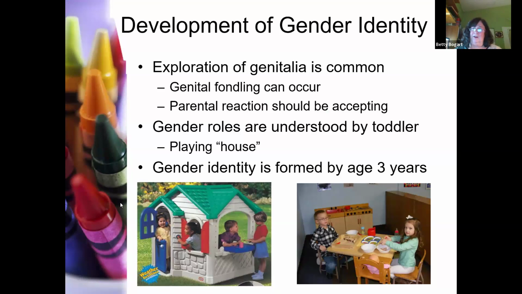Now, toddlers are starting to learn they have genitalia. Well, why? They're potty training. And when you're potty training, they know mommy sits down and daddy stands up, right? And they know there's a difference. And daddy has what mommy doesn't. And again, it's starting to understand. I was taught to use proper names for your genitals.